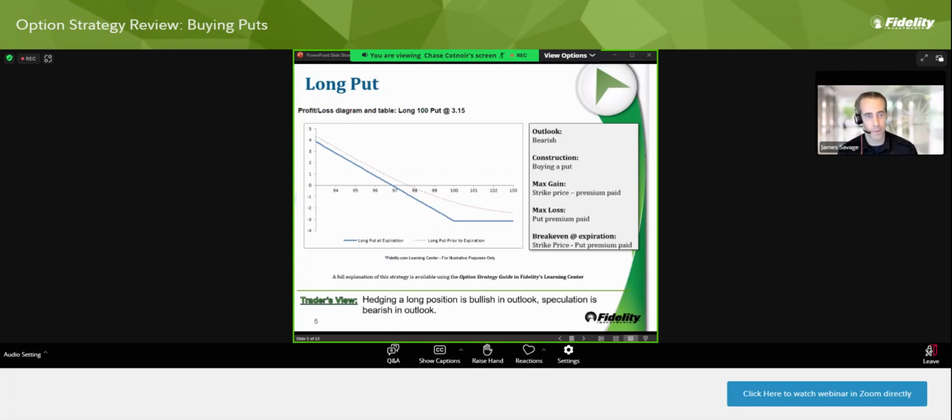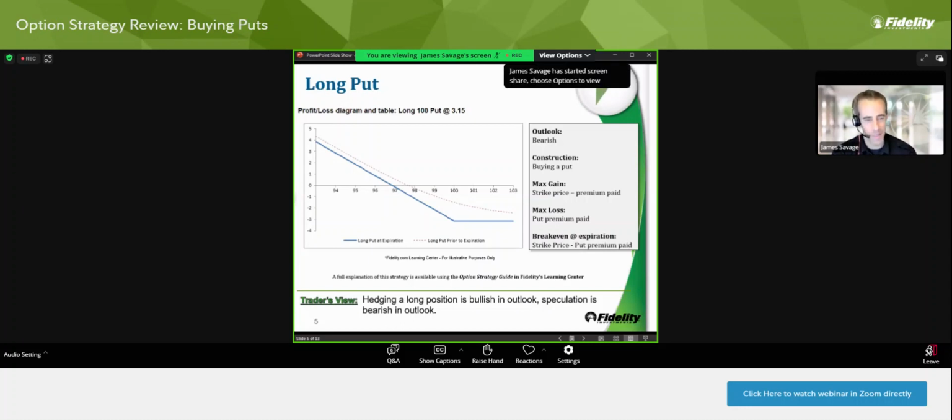So when you start to take the Greeks into consideration for your trades. But starting with just the strategy in and of itself, a long put is going to be constructed simply by buying a put to open. It's as easy as that.